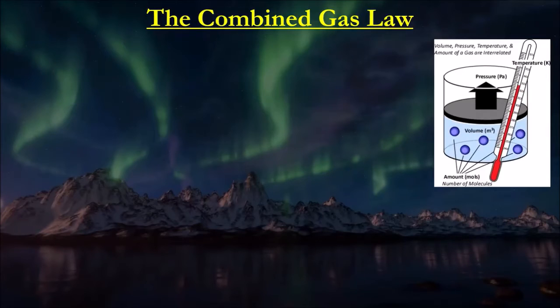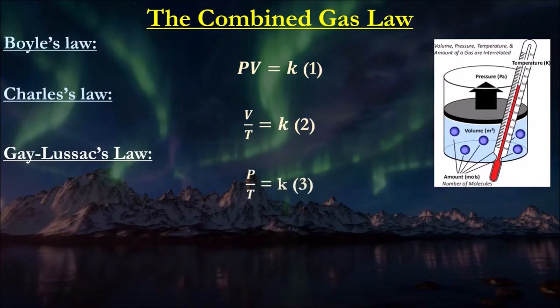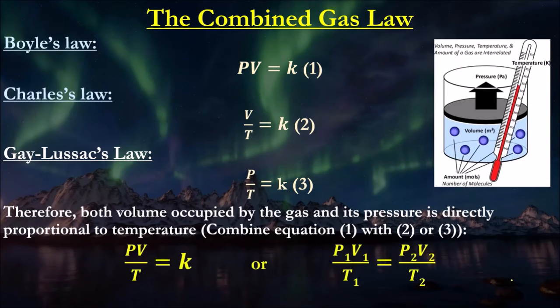Okay, so if we try and combine these three together, we have Boyle's law, which looks like this, equation 1, Charles' law, which looks like this, equation 2, Gay-Lussac's law, which is equation 3. If you combine equation 1 with any of the equations 2 or 3, you'll come up with the combined formula of PV over T, again still equal to K. Or if you're looking at two changes in the same system, you can rewrite it like so.